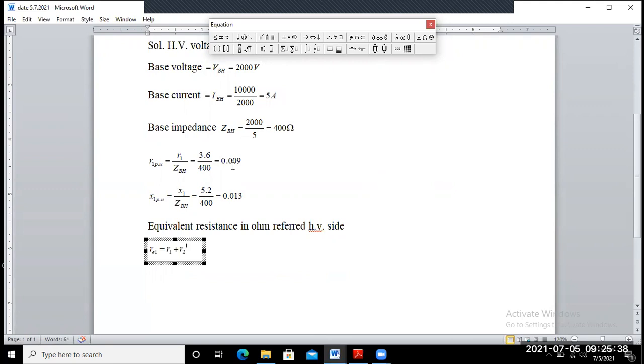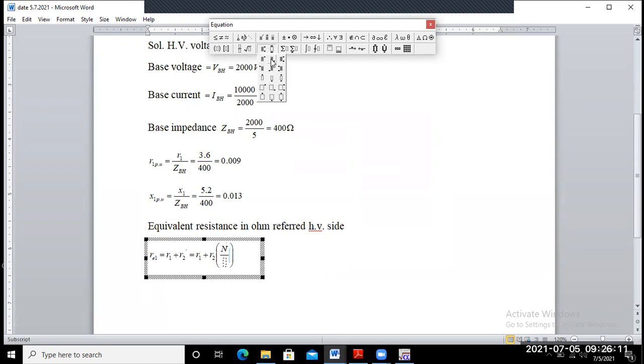That means R1 plus R2 into (N1 by N2) whole square.